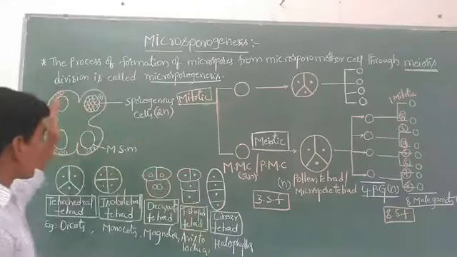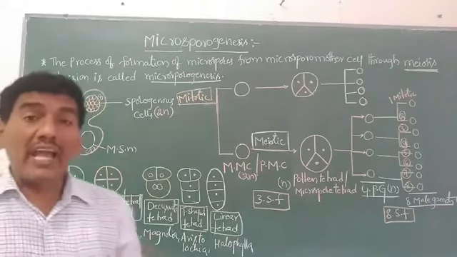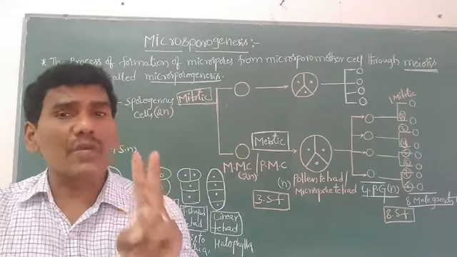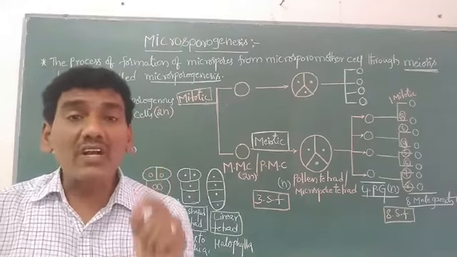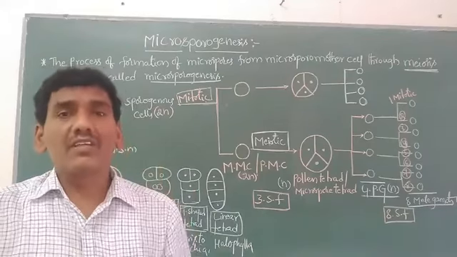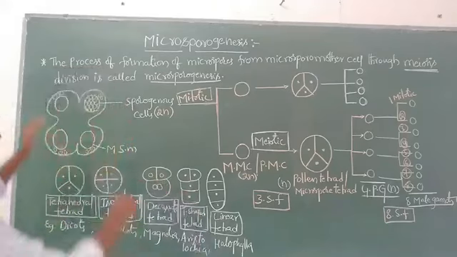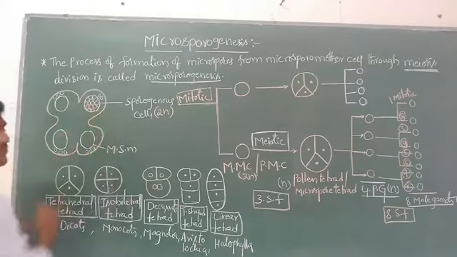For the formation of the microspores, which divisions are required? First of all, in angiospermic plants, two types of anthers are present. The first one is called dithecous anther, the second one is called monothecous anther. This is one dithecous anther.